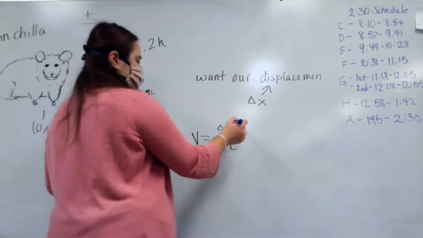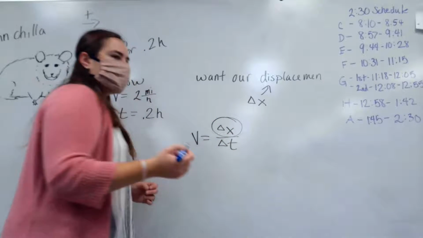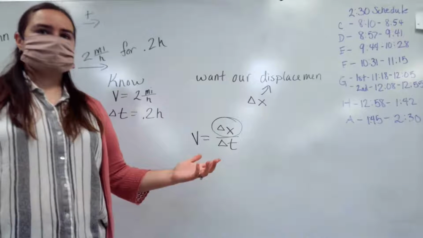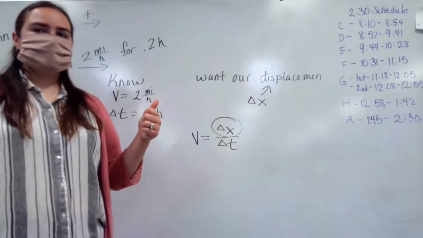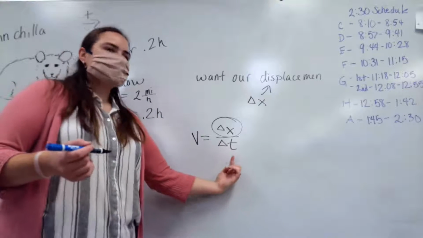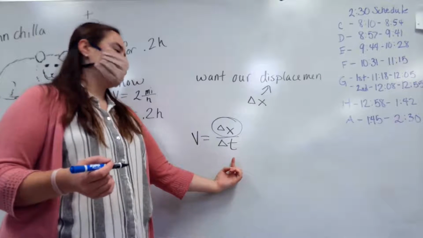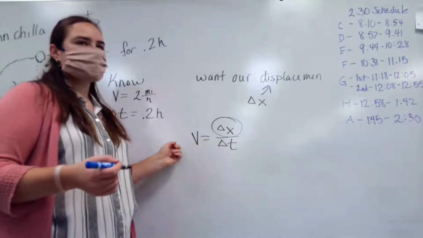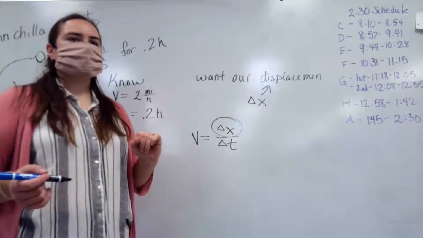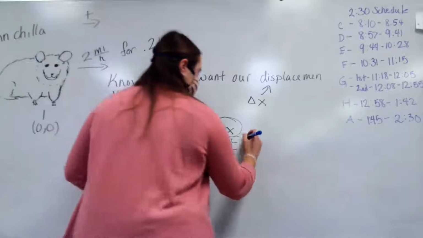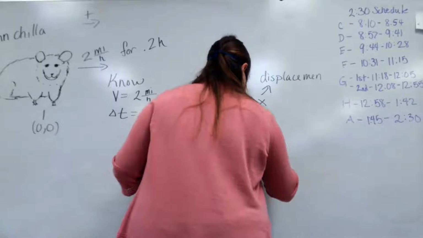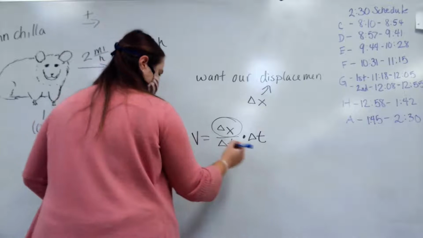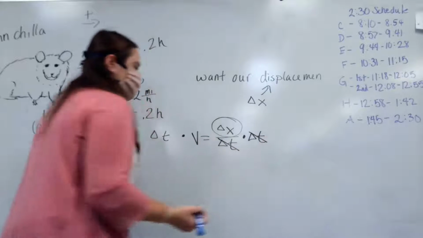We want an equation that says delta x equals something else. Good? So that means we need to get the t not on the same side as our delta x. So what can we do to get the t over to this side? Yeah. Multiply both sides by delta t. Okay, so here the delta t will cancel out.